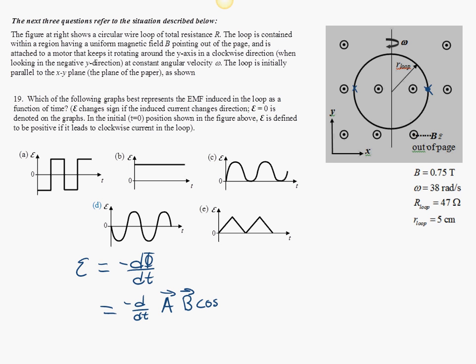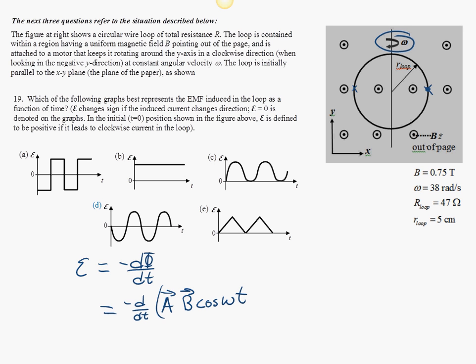So in this case, the area vector is either pointing straight out or straight in. We can sort of define that, and so that'll be changing in time. So if I say at time t equals 0, it's pointing straight out, then at any time, because it's rotating with angular velocity omega, I can rewrite that as omega t.